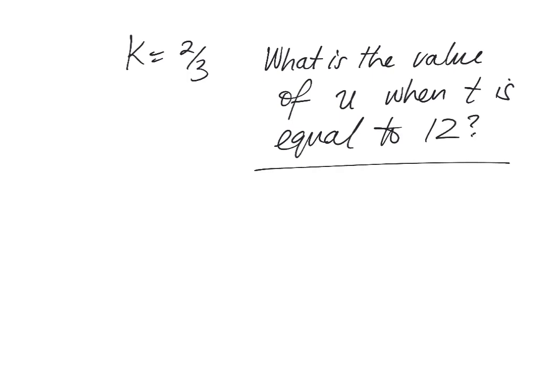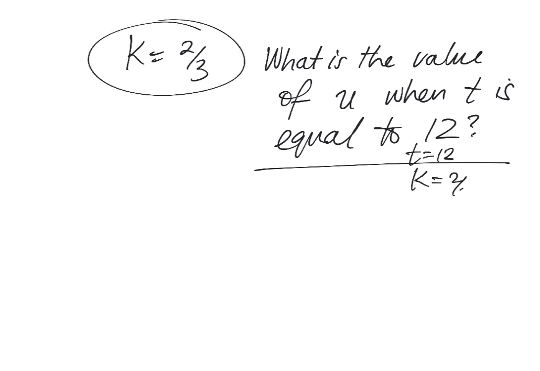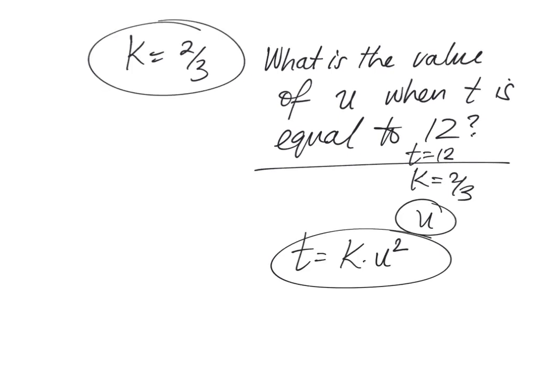So they've given you a new value for T now. You know what K is, and basically you just have to solve for U back in the equation that we've created. So this is an example getting you to think about variation, and you can see this back in 1.7 in the Tyler Wallace book.